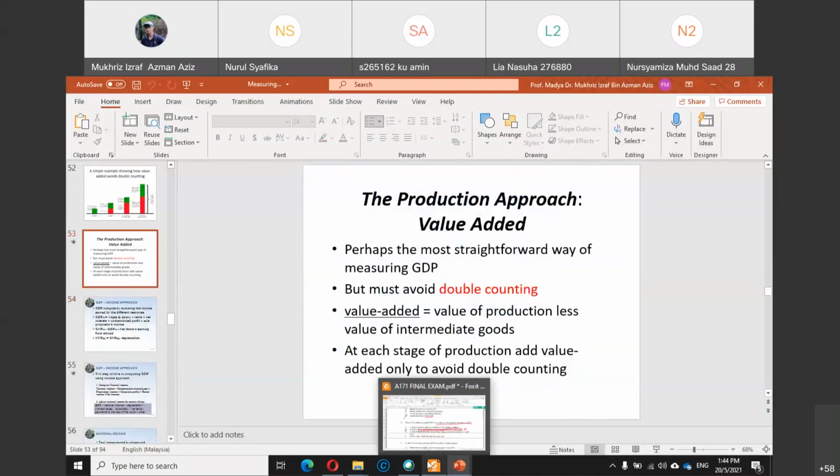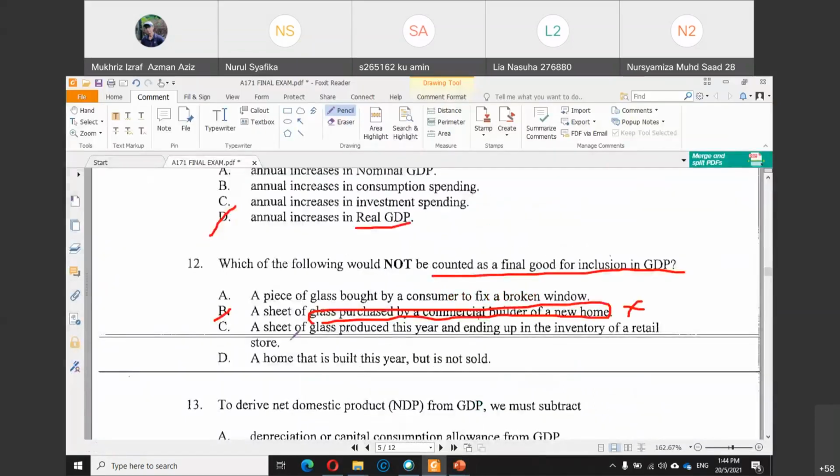Never mind. So C is a sheet of glass produced this year and ending up in the inventory of a retail store. The words retail store mean it is already finished, no longer an input, so it becomes a final good. A home built this year but not sold: even though it is not sold, it has already been completed, so it is a final good or finished good.